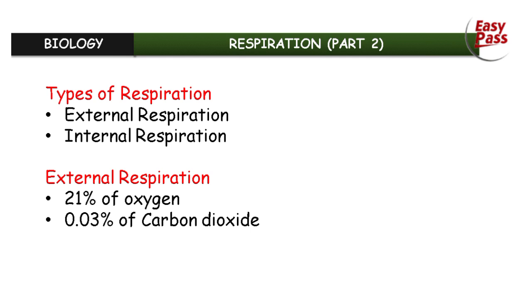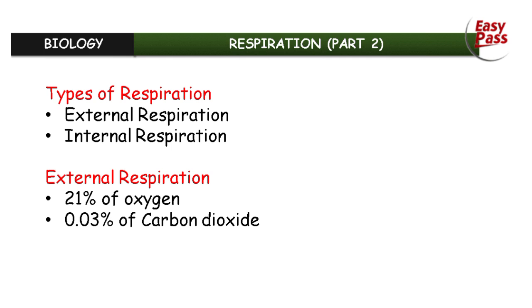So having these percentages, when we breathe in air, we expect the percentage of oxygen in that air to be approximately 21%. The air we breathe out should have a lower percentage of oxygen. Likewise for carbon dioxide, the air we breathe in must have approximately 0.03% of carbon dioxide.